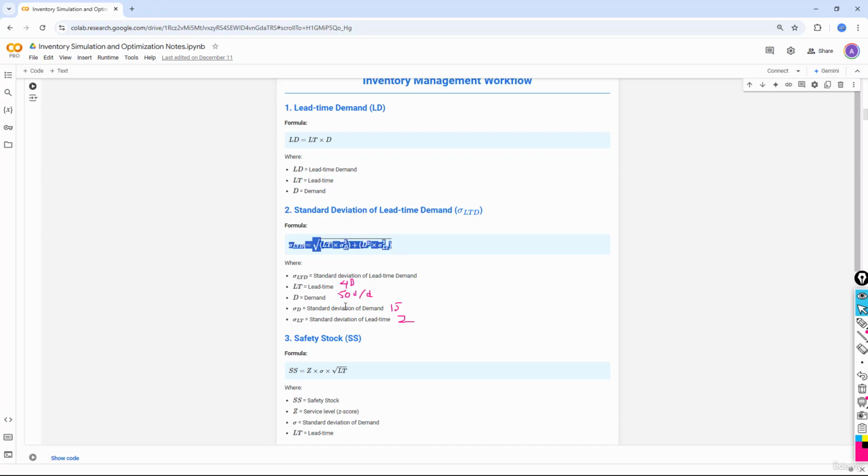If you plug these values into this relationship, it's 4 times 15 squared plus 50 squared times 2 squared. You take the product of these two parts, and then sum them together, and the result comes out to be approximately 104.4 units of standard deviation of lead time demand.